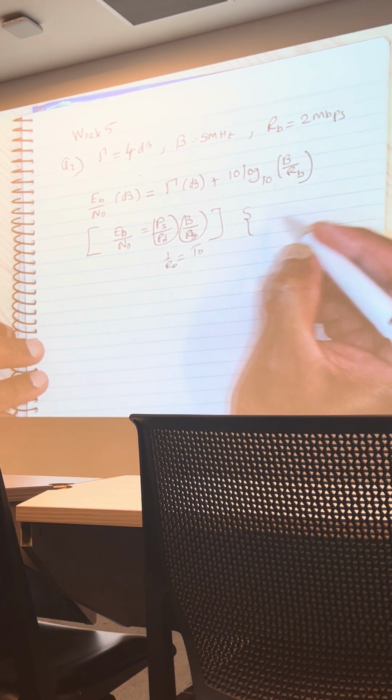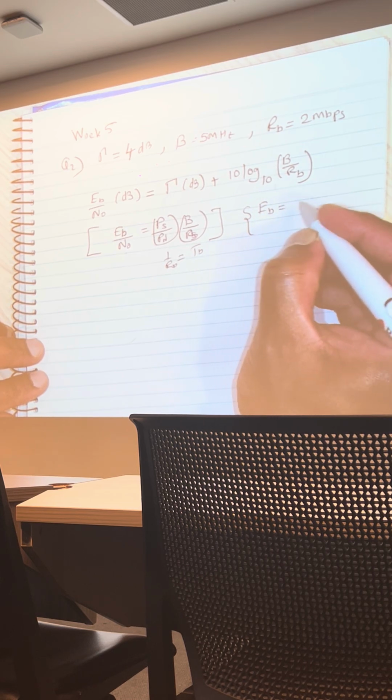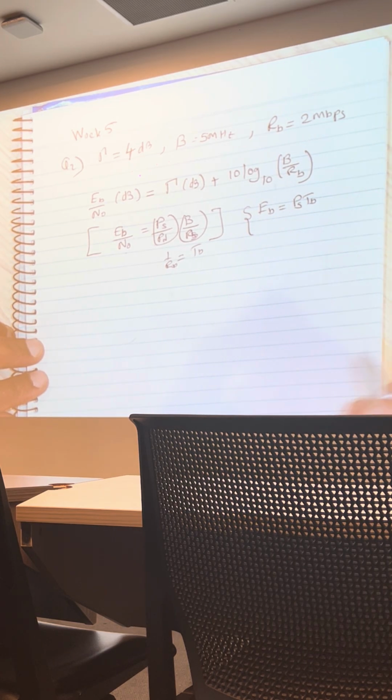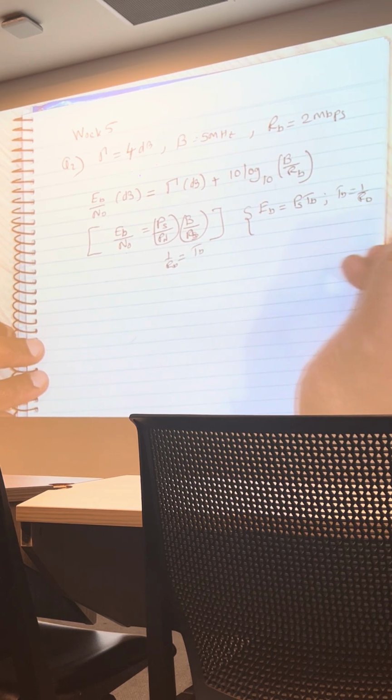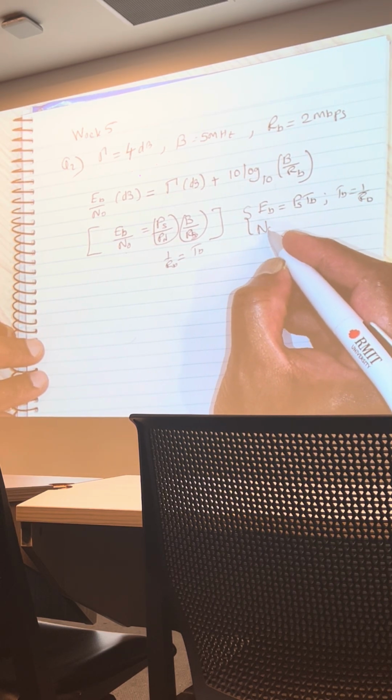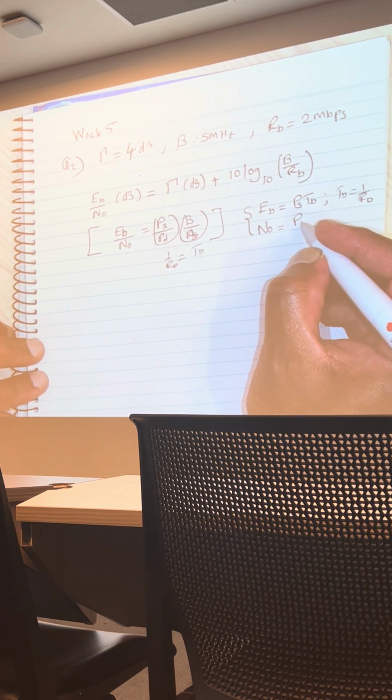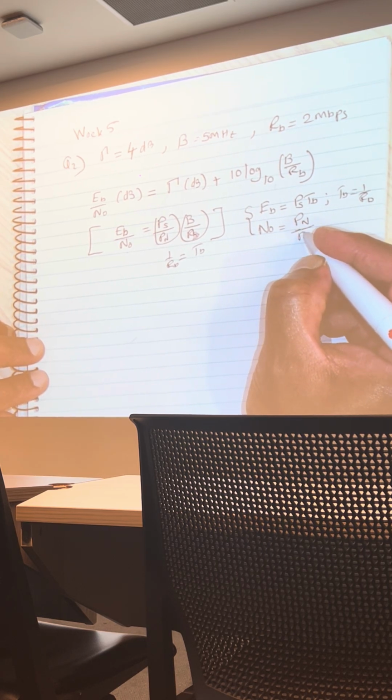So I can just write that here. Eb is Ps times Tb, where Tb is 1 on Rb, right? And then N0 is your noise power divided by the bandwidth.